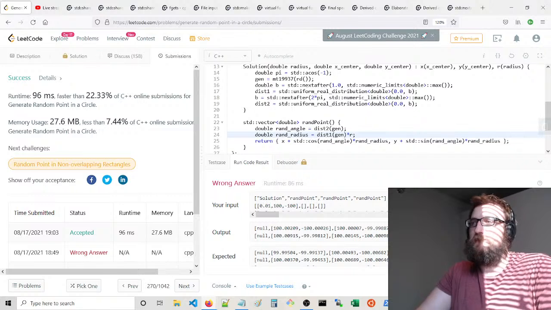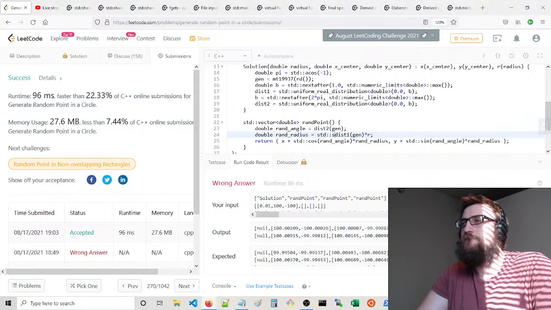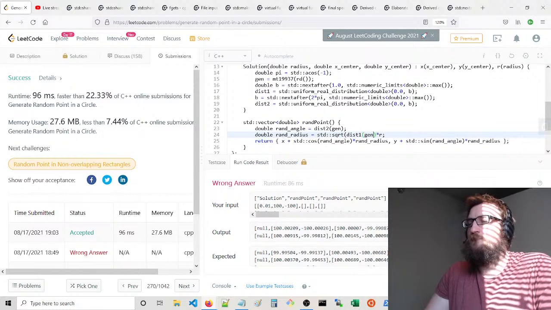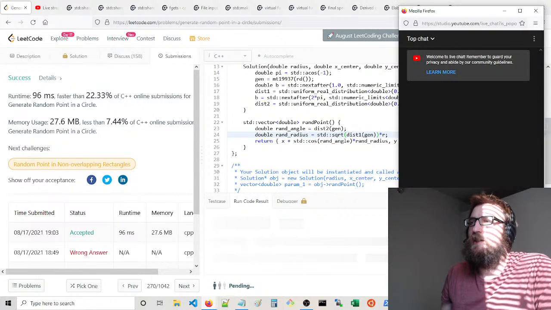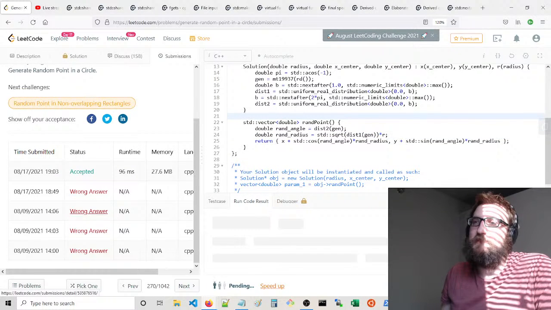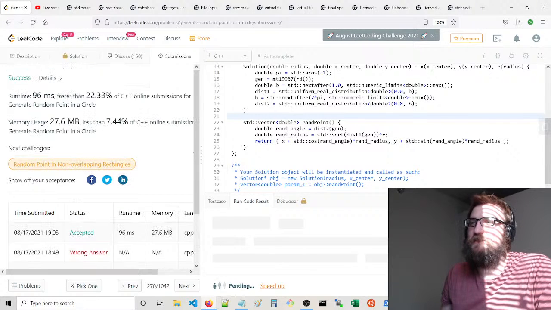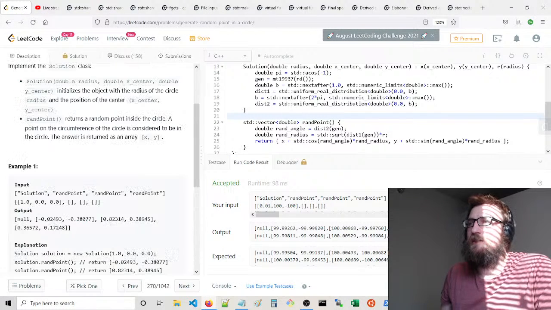If you don't square root, that's what happens. If you do square root, then you'll get the correct answer. I got the wrong answer 4 times. Obviously, I tried this already more than a week ago. Pretty interesting question. I like this question a lot. It's definitely got me thinking.